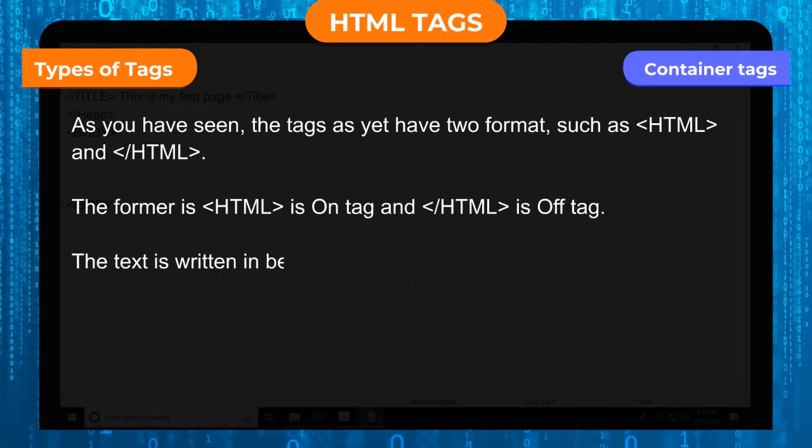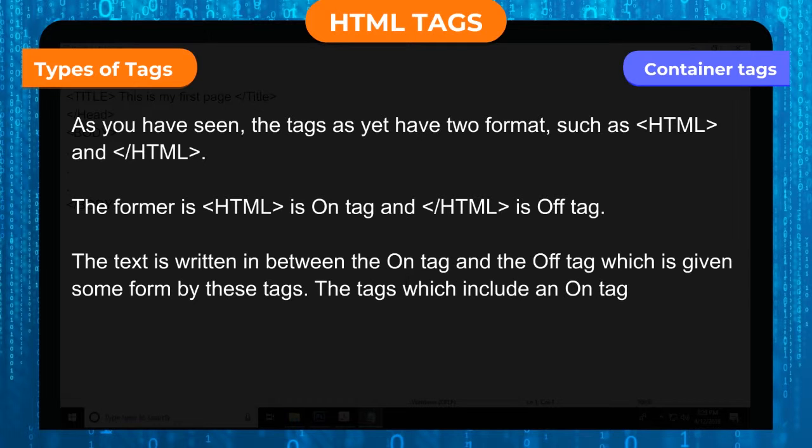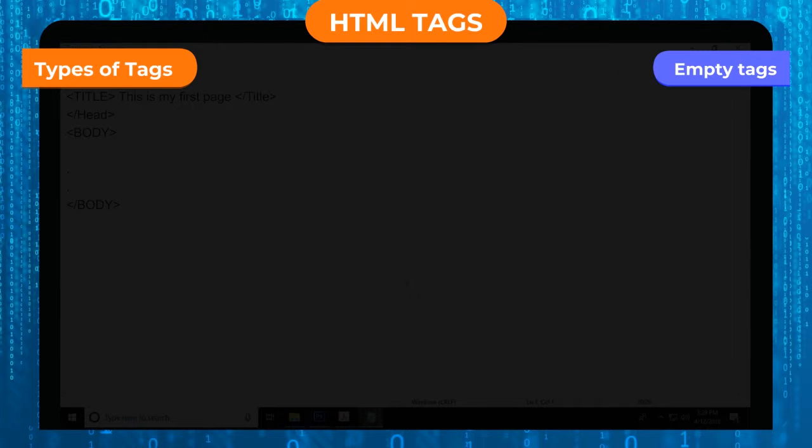The text is written in between the on tag and the off tag, which is given some form by these tags. The tags which include an on tag and off tag are called container tags. For example, title, HTML, head, body tags are container tags.